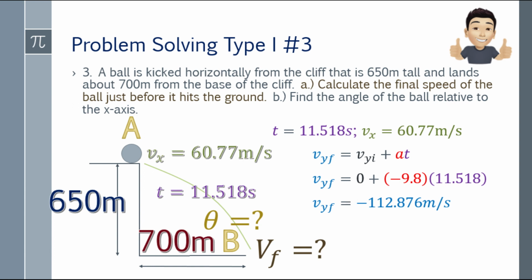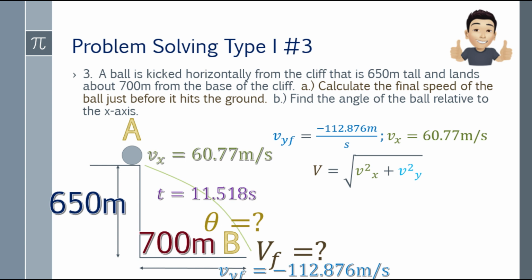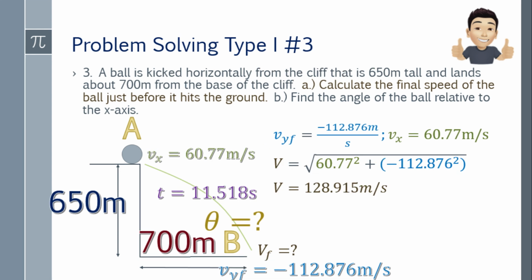Now, going back to find the final speed of the ball just before it hits the ground, so we have the formula for the velocity. We're looking for the final. So that will be V is equal to the square root of the quantity Vx squared plus Vy squared. So algebraically, lagyan mo lang sa calculator the square root of the quantity 60.77 squared plus the quantity negative 112.876 squared.